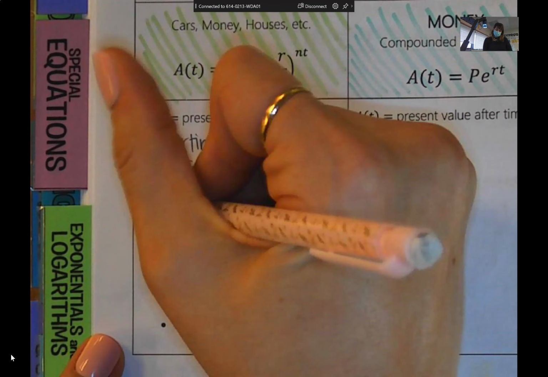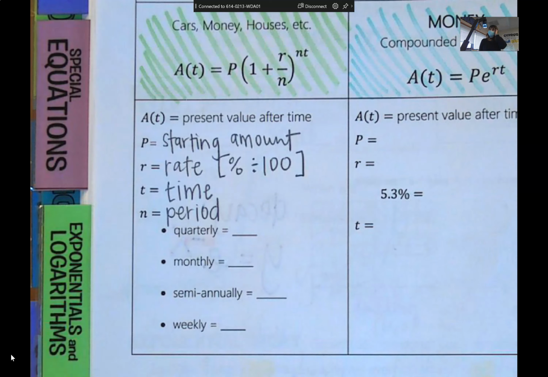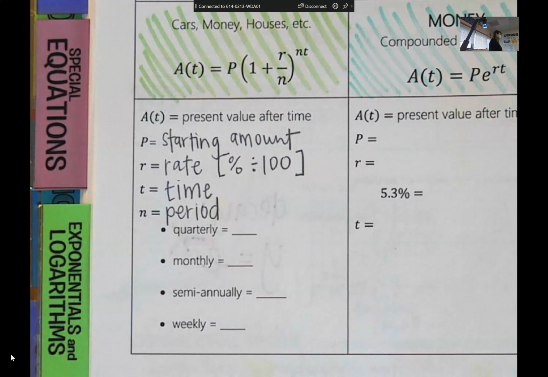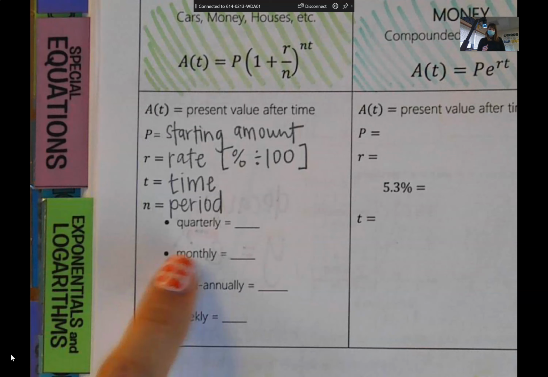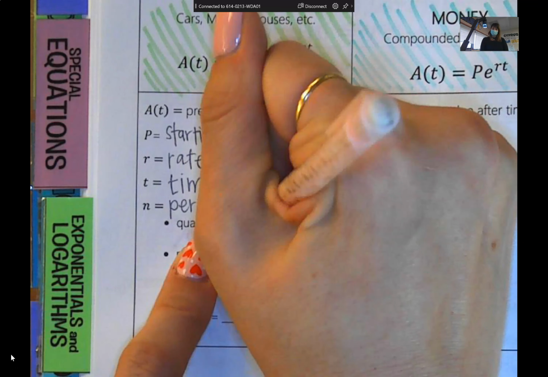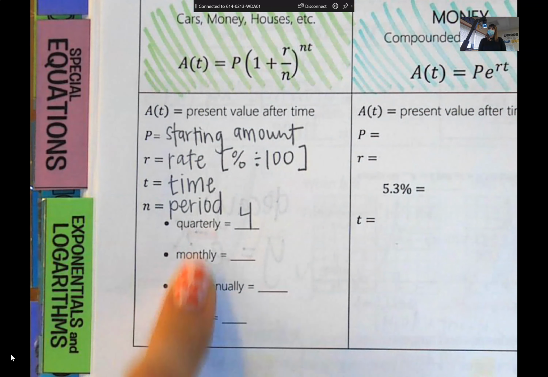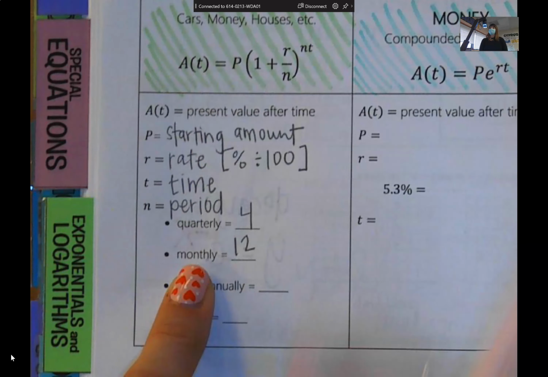And N is this thing called period. N tells you how many times in a year it gets bigger or smaller. So if it says your interest is compounded quarterly, that means your balance gets bigger 4 times a year. So quarterly is 4. If it says monthly, that means your balance gets bigger each month. So that would be 12 times a year.